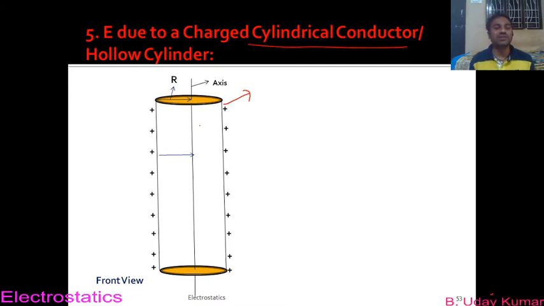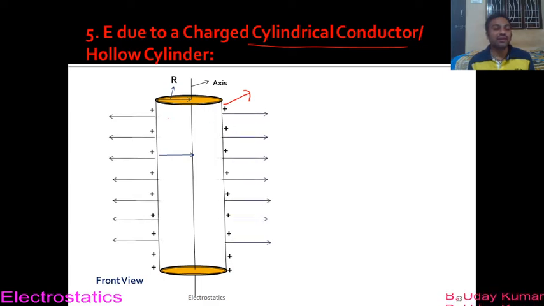This is the front view or side view of the charged cylindrical conductor, and since I have taken positive charge on its surface, the electric lines of force are directed outwards, as you can see here. So this is the front view of the charged cylindrical conductor in terms of electric lines of force.